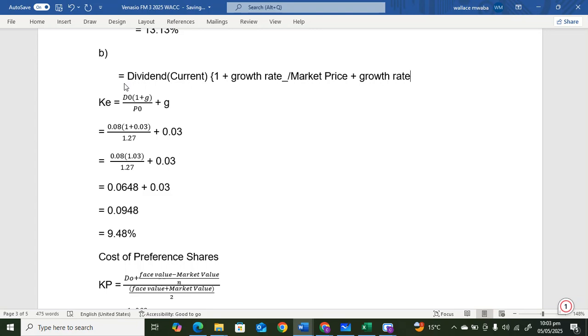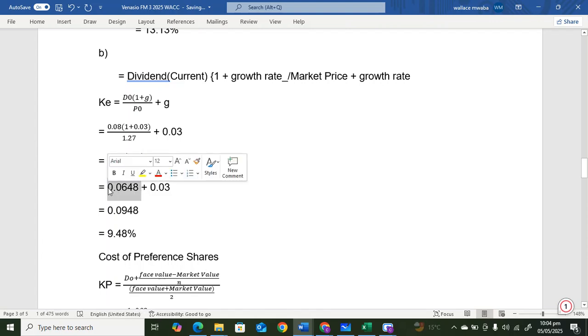So you substitute 0.08, 0.03, 1.27. You add what's in the brackets, 1.03, multiplied by 0.08, then you divide by 1.27. That's how we got 0.0648.